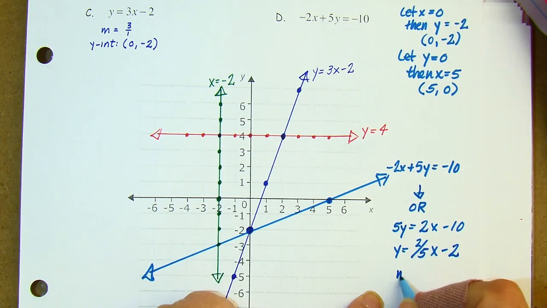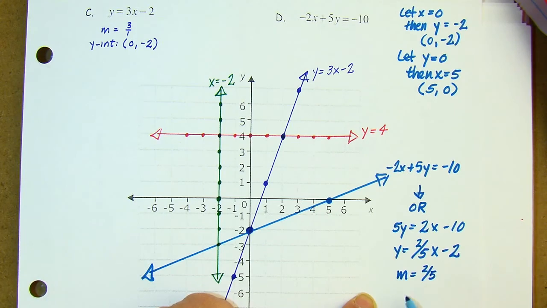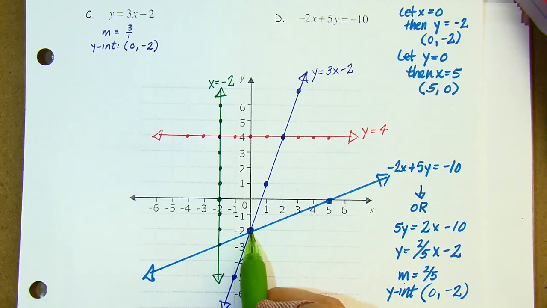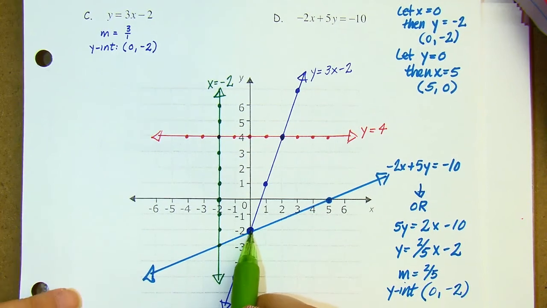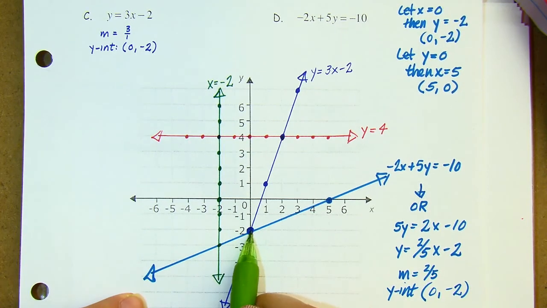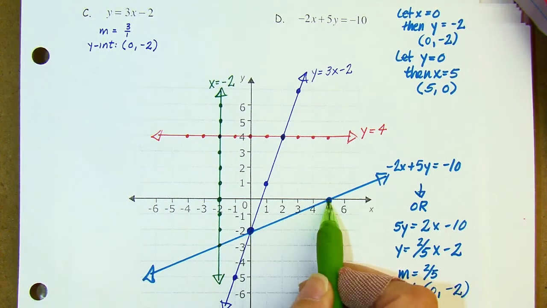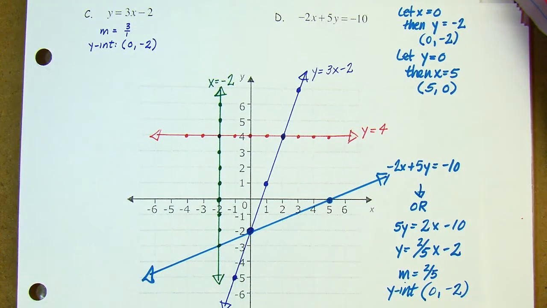Here the m is 2/5, and my y-intercept is the ordered pair x is 0, y is -2. And I can check it. The y-intercept is 0, -2. Yup, that works. And my slope is rise 2, run 5. 1, 2, 1, 2, 3, 4, 5. So there it is. It works either way.